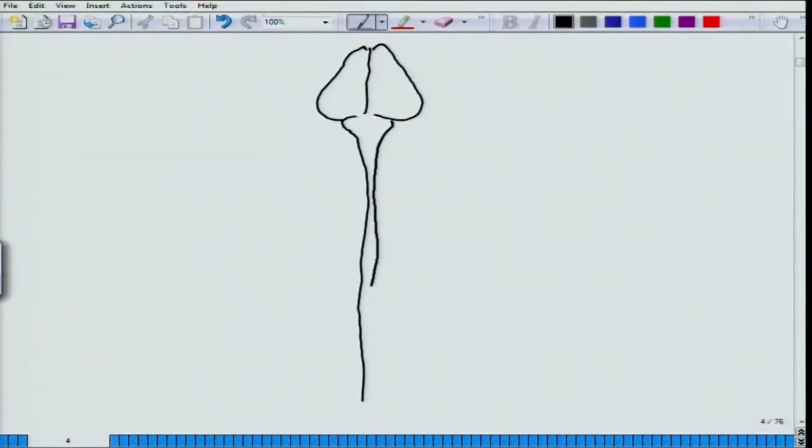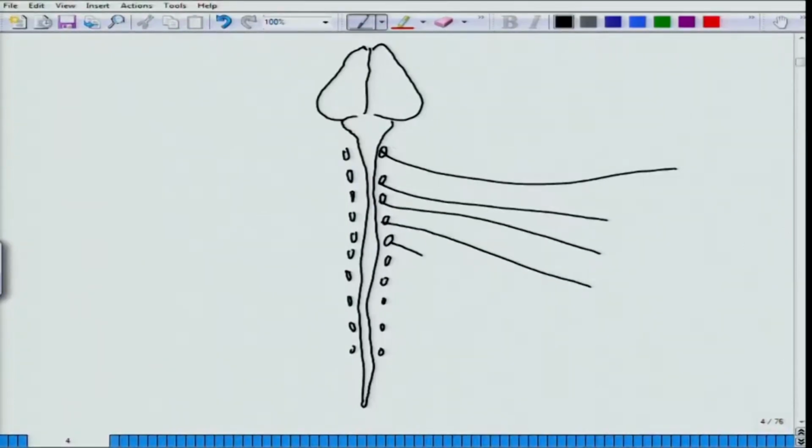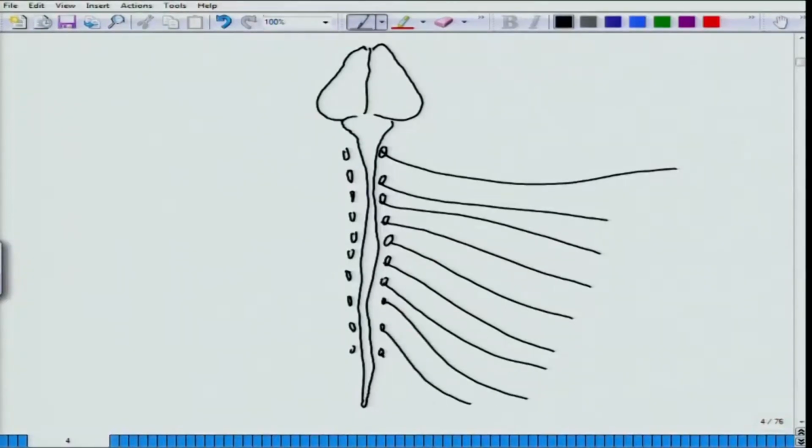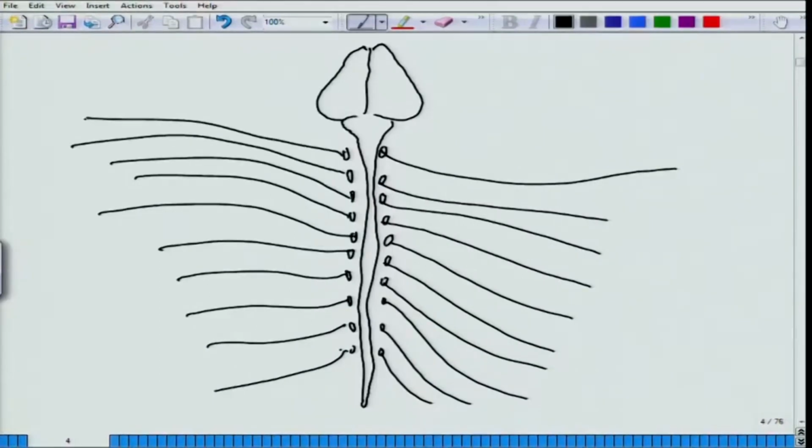This is the brain, and this is the spinal cord you see, and within the spinal cord, what you see is, these are the different branches of neurons, different pathways of neurons which are coming out from it. It could reach your eyes, ears, heart, legs, hands, and everywhere. Okay, something like this. Okay.